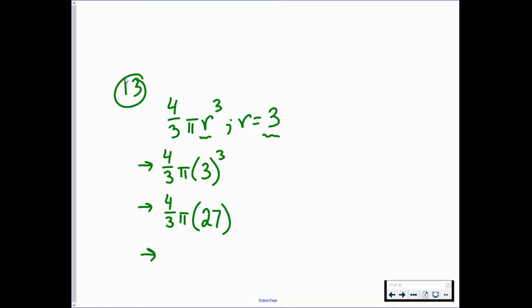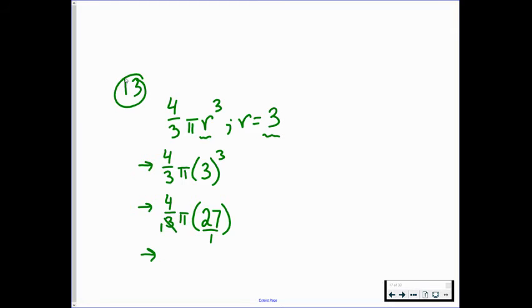Now if we do some cross simplifying here, I'm going to change this 27 to a fraction because this 4/3 is already a fraction. Since you will not get a calculator on the test, it's best to go ahead and simplify before you multiply. So I'm going to cross simplify.